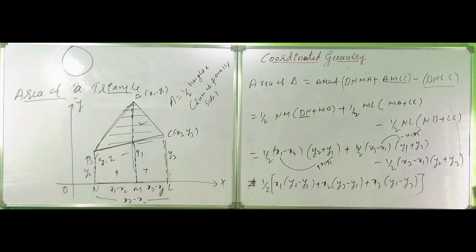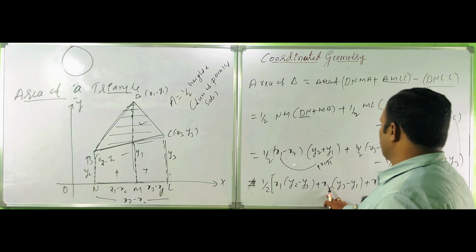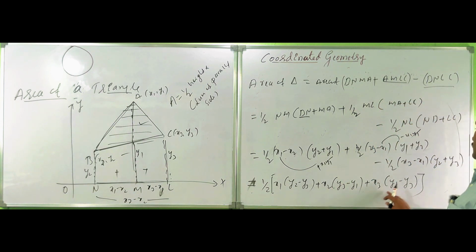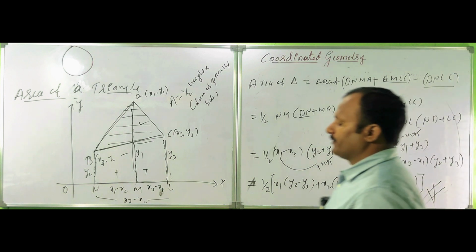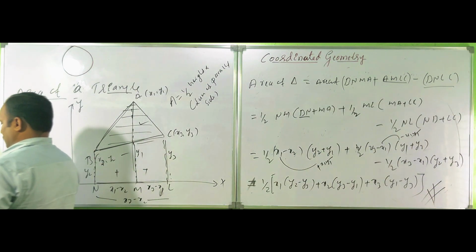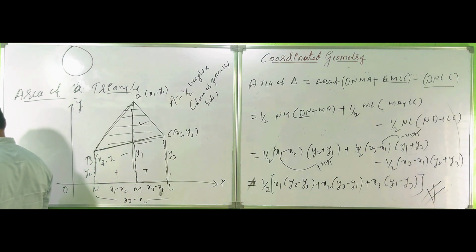Similarly x1 y1, x2 y2, x3 y3 cancel each other. So the remaining terms, x1 y2 minus y3, x2 into y3 minus y1 and x3 into y1 minus y2, give the required area of the triangle with given points A, B, C: x1 y1, x2 y2, x3 y3.